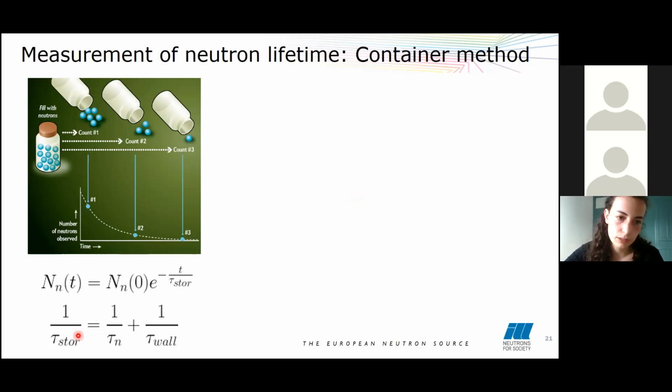As I wrote here, the storage time is not directly related to the neutron lifetime because there are also some effects which have to be taken into account that cause the loss of some neutrons, which are mainly the interaction with the wall of the bottle. But we'll see that a bit more later.